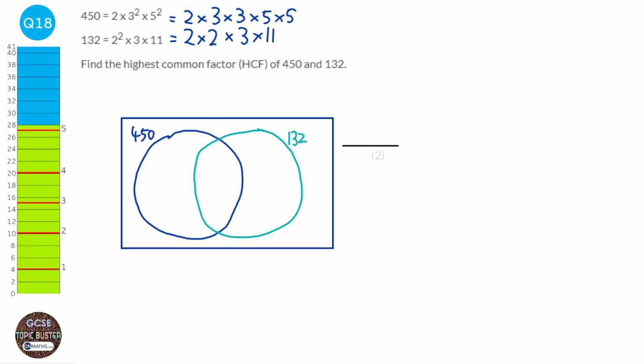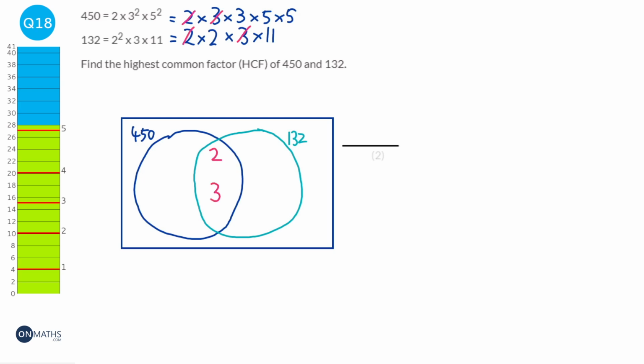So we'll start with the 450 and the numbers. Looking at the prime factors at the top, we can see they both have a 2 in them. So I cross them both out and put 2 in the middle. We can see they both have a 3 in them. So cross those 3s out and put a 3 in the middle.